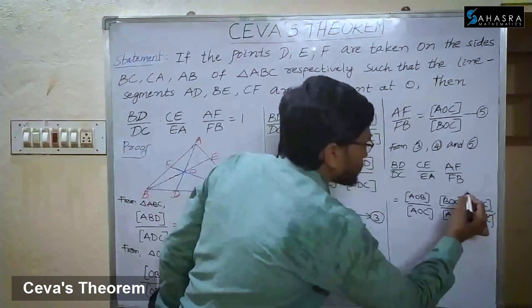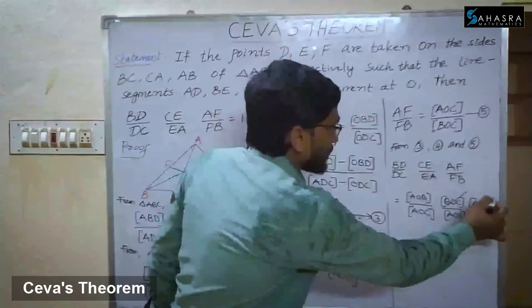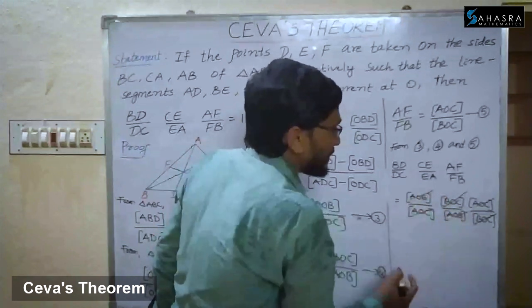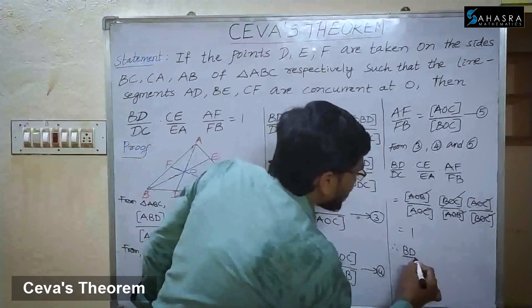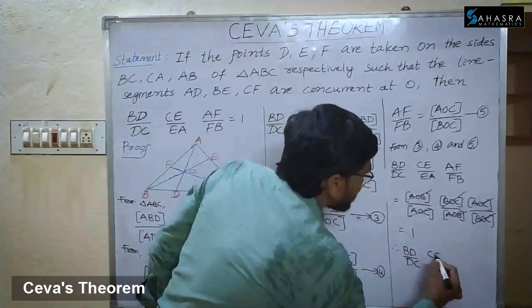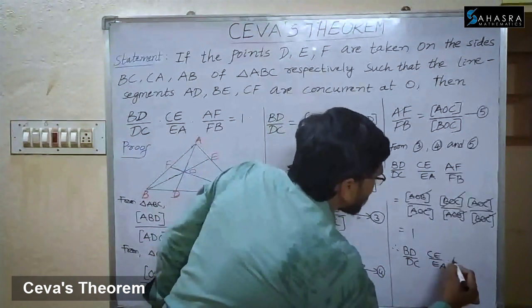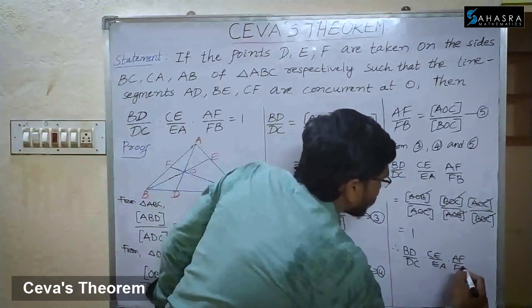So BOC, BOC get cancelled. AOC, AOC get cancelled. AOB, AOB get cancelled. Finally, we got 1. Therefore, BD by DC into CE by EA into AF by FB is equal to 1.